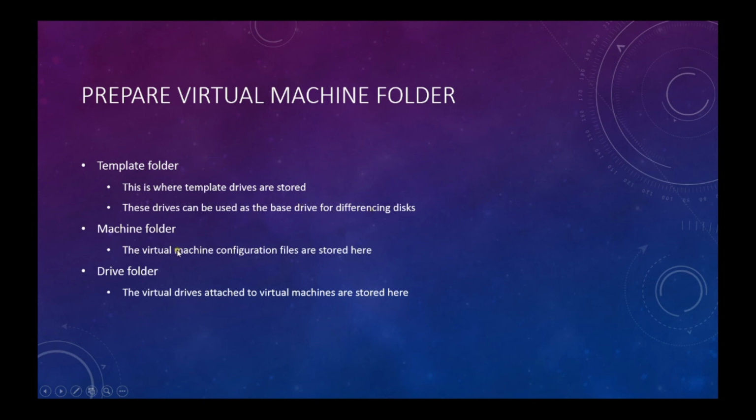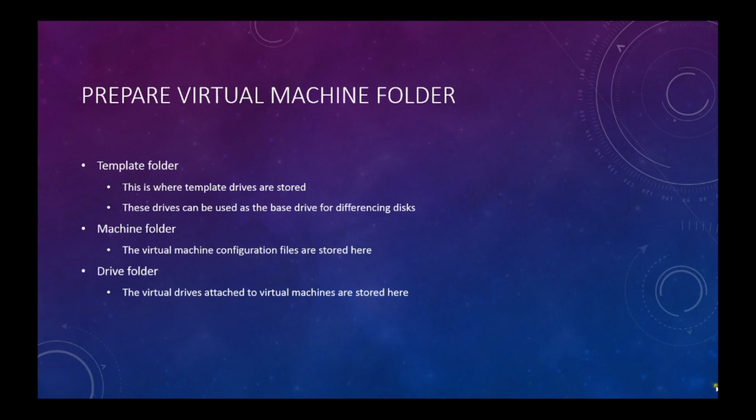In the machine folder, this is where we store the machine configuration files and nothing else. And in the drive folder is where the individual virtual drives for each of the virtual machines are stored as well. So if we used a differencing disk, the differencing files are stored in this drive folder, whereas the template, the base drive, remains in the template folder.